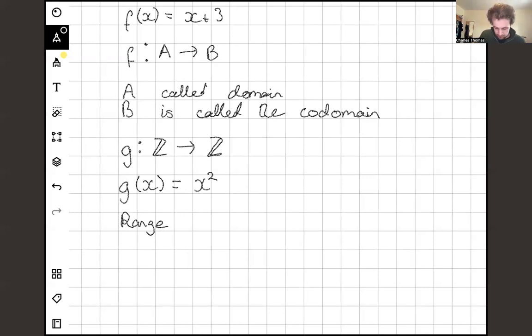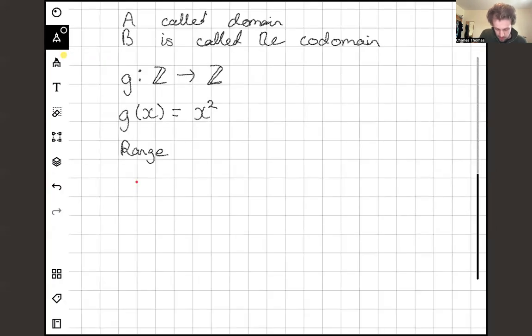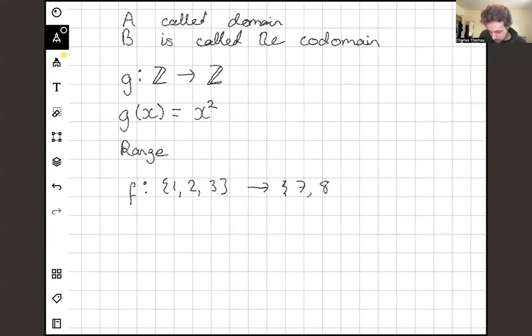So we might have a function that goes from the set 1, 2, 3 to the set 7, 8, 9.